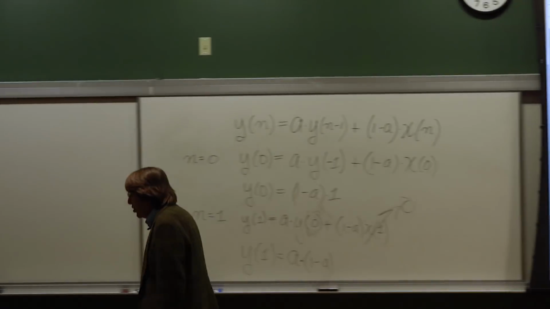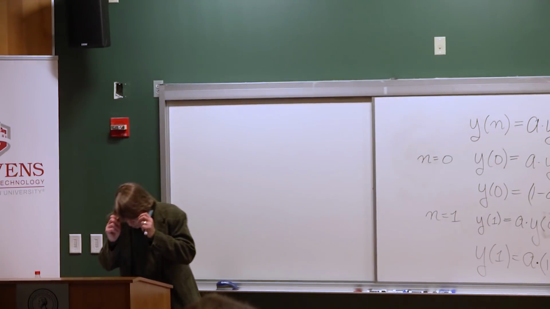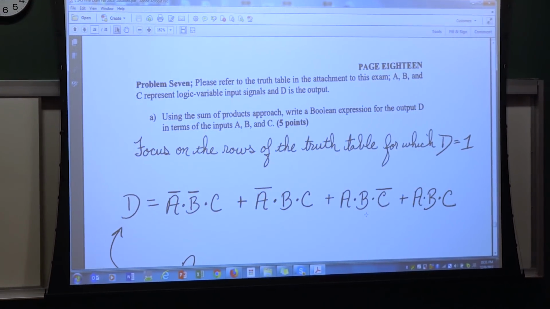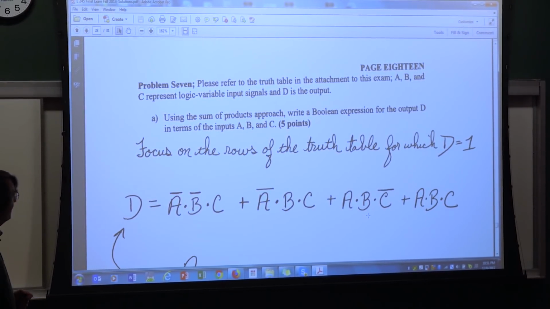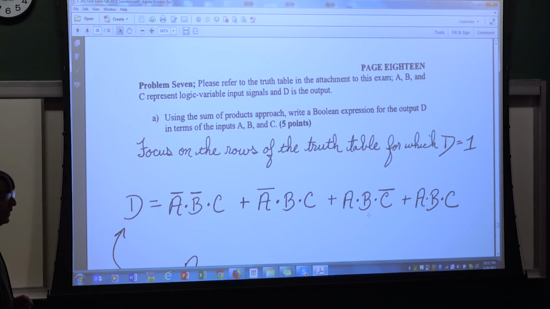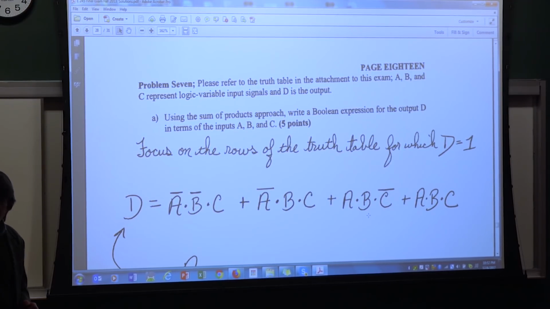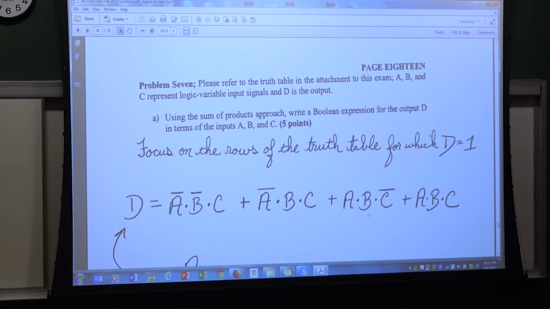So I got to show you a table first. Now, where is this from? Fall 2013. This is fall 2013.